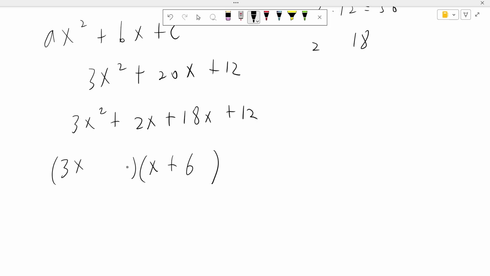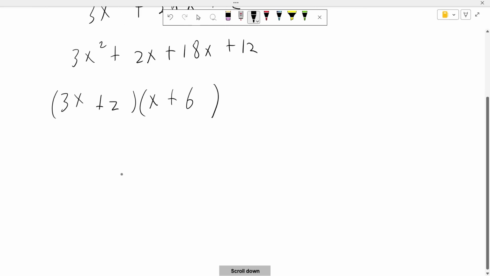We can find a number that's going to result in the constant term when multiplied by this term, 6. So we find that the number is 2. And look what happened. 2 times x is this also. So that's the other way of solving this, is you can find a number that when multiplied by this guy here is going to result in this term, the other x term.